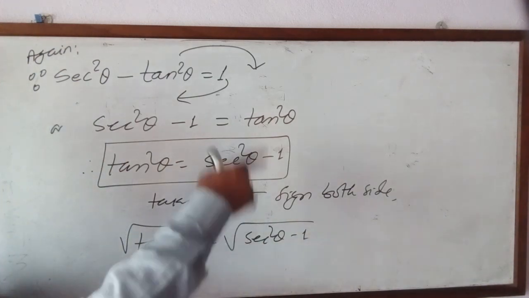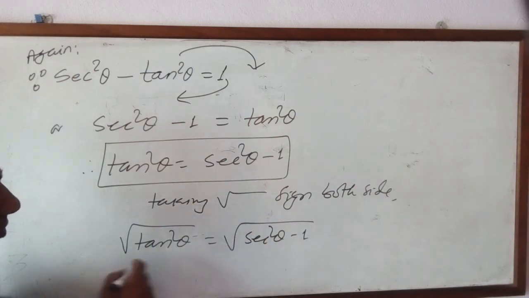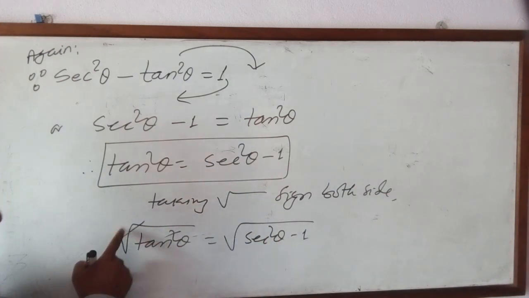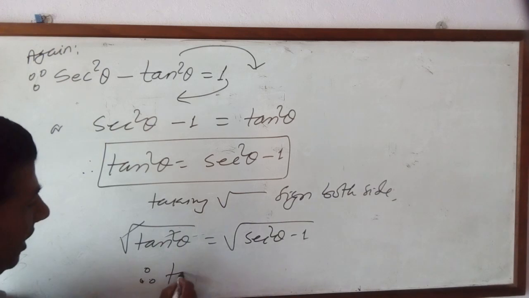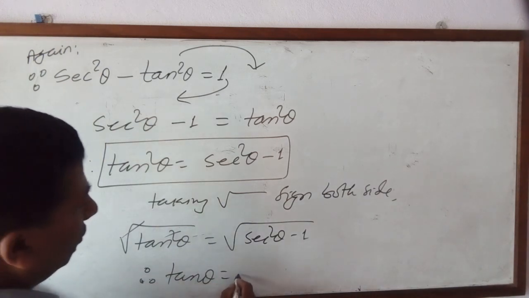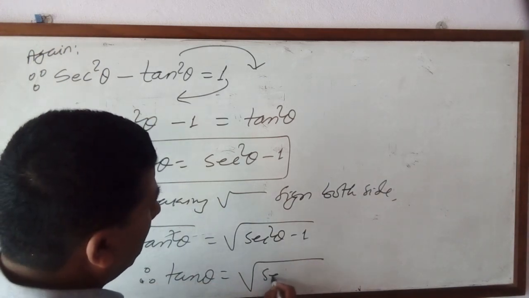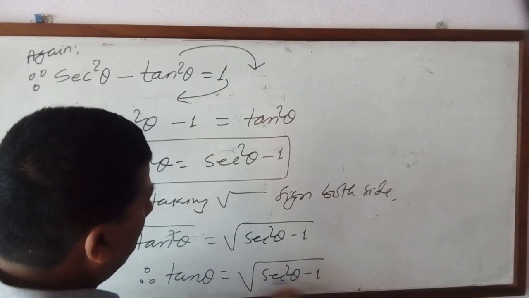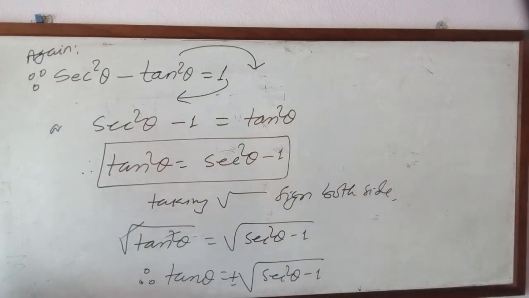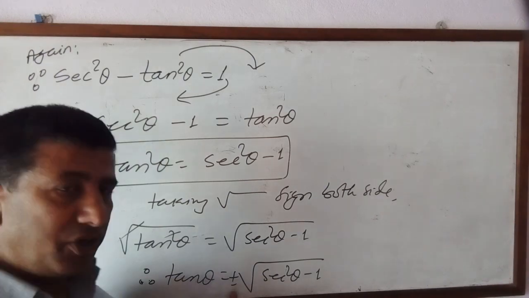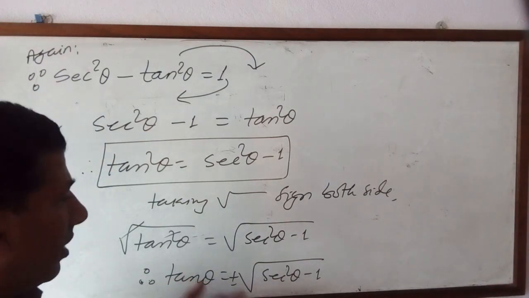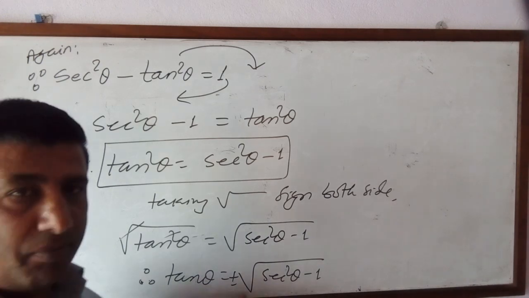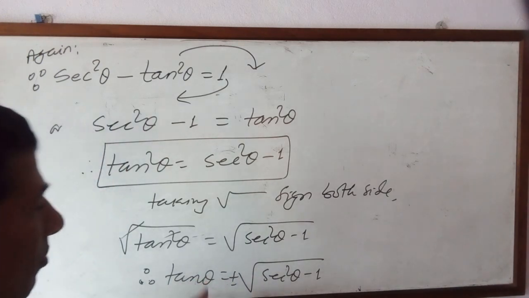Now I'll do it by the same method, the previous method you can also use, or directly you can cancel like this. How to cancel? Just now also I did. Now I'll do it directly. You understood? Now tan theta equals root under sec square theta minus 1. You can write plus minus here also, no problem. Positive value also, negative both. Generally we take the positive sign, but both will be true.